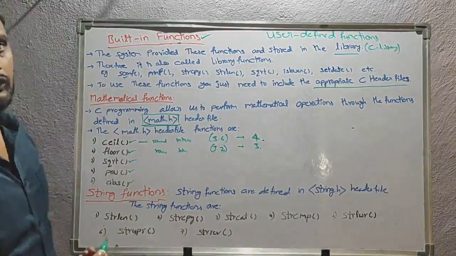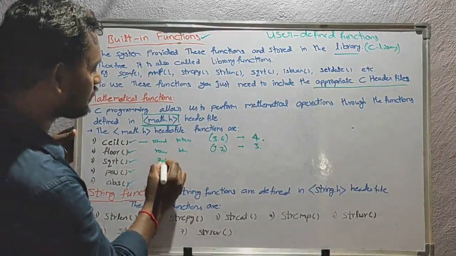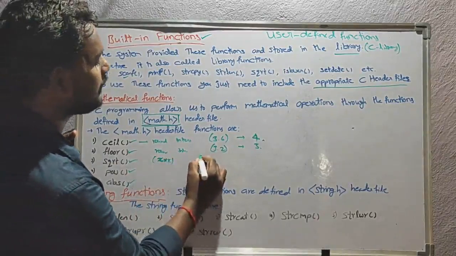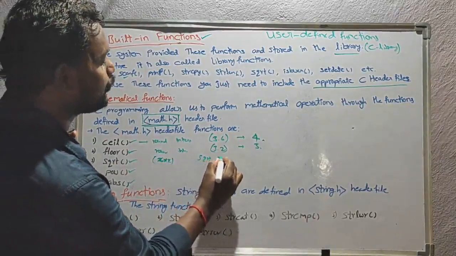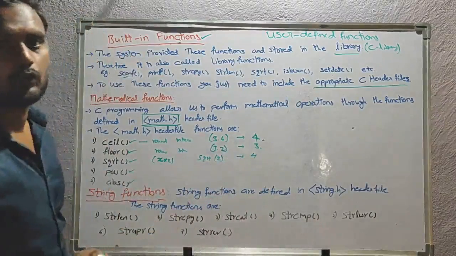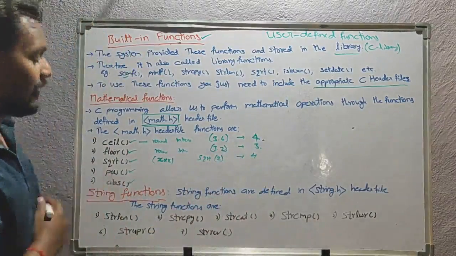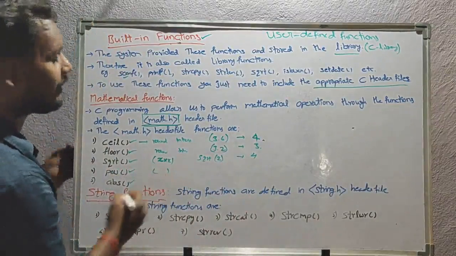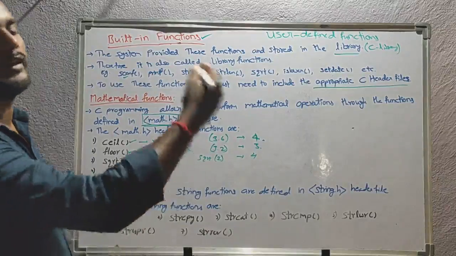The square root means you need to give the x into x value. If you mention the square root of 4, it gives the result as 2. And the power function gives the power of x.